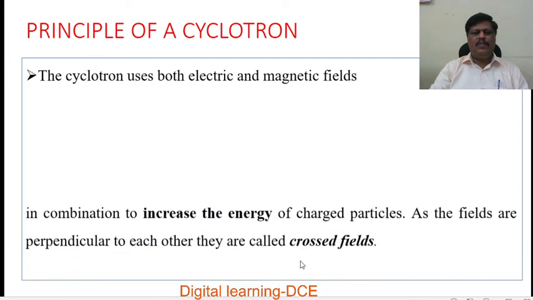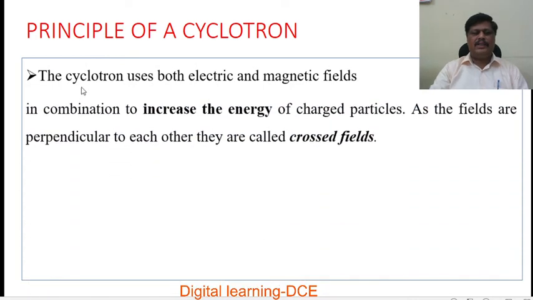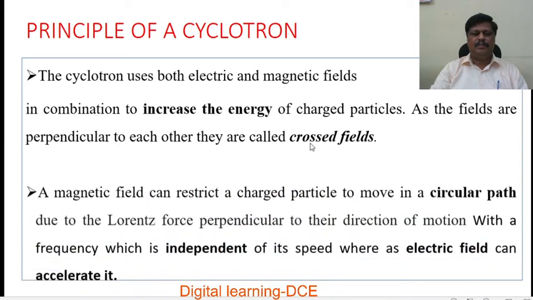The principle of a cyclotron. The cyclotron uses both electric and magnetic fields in combination to increase the energy of the charged particles. As the fields are perpendicular to each other, they are called crossed fields.